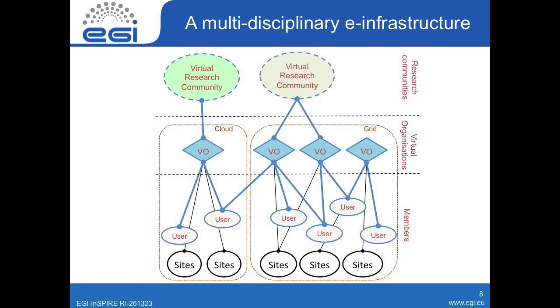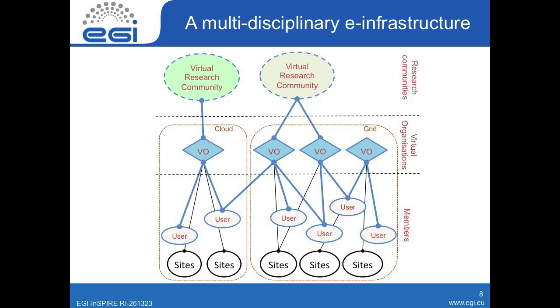Usually there is a one-to-one mapping between a research community and a virtual organization. This is not mandatory though, so there are big communities who enable different virtual organizations for the different disciplines they include, for example.